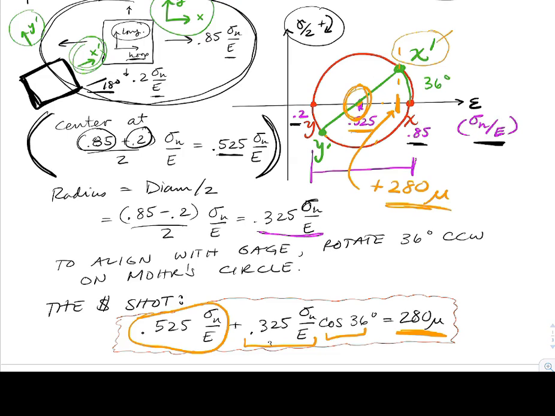There's our angle, 36 degrees. So the radius times cosine 36 would be that distance right here. That gets us all the way to the strain gauge. 280 is going to be calculated from the center plus our cosine 36 degrees.